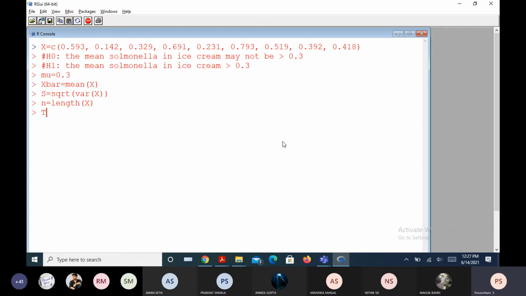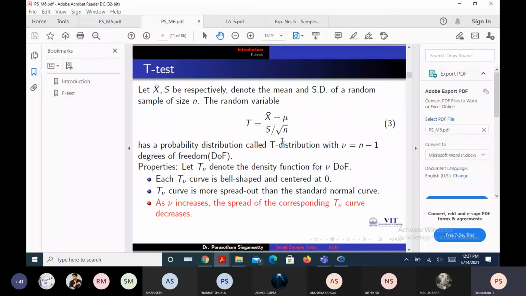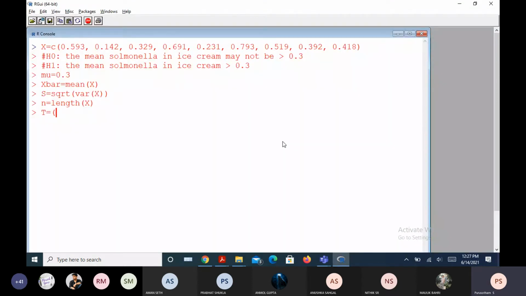Then we need to get the t value. How do we get it? The formula is x bar minus mu divided by s by the square root of n.